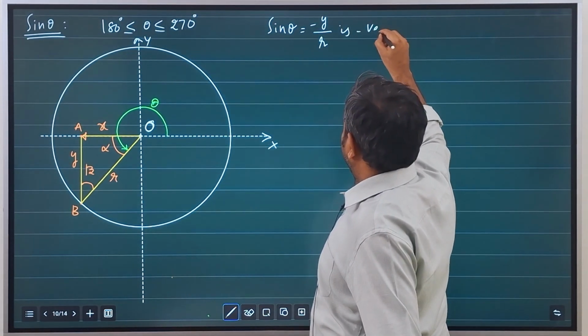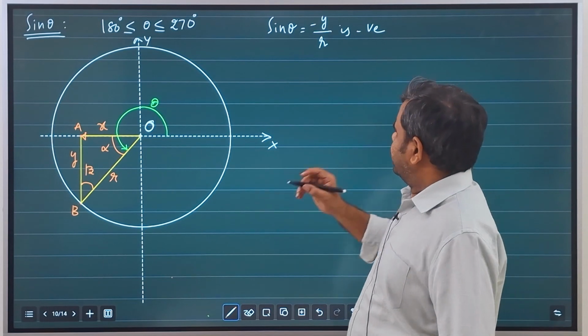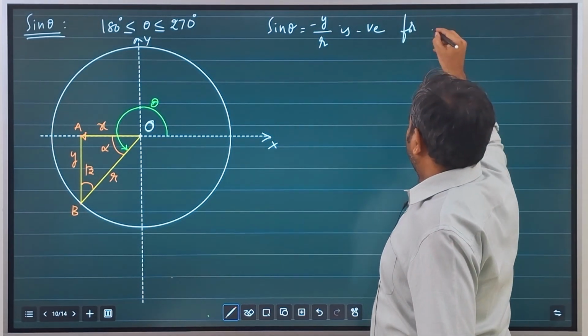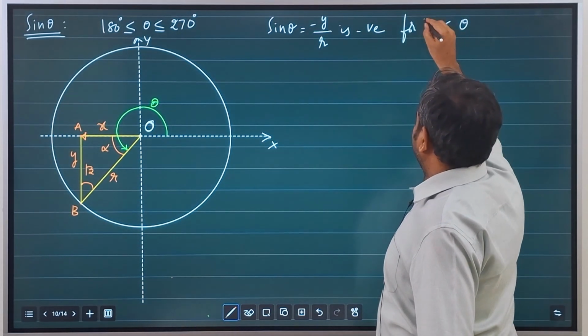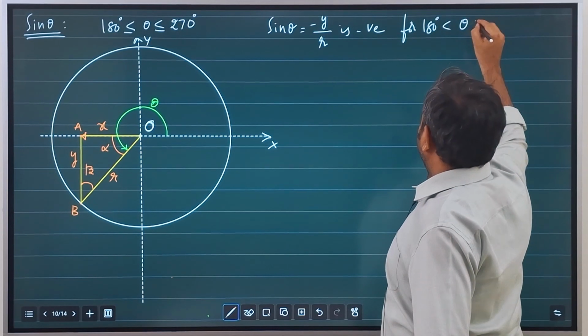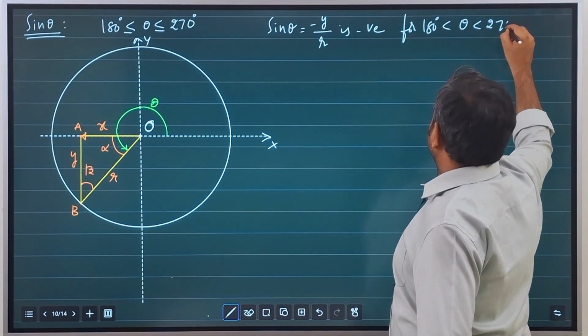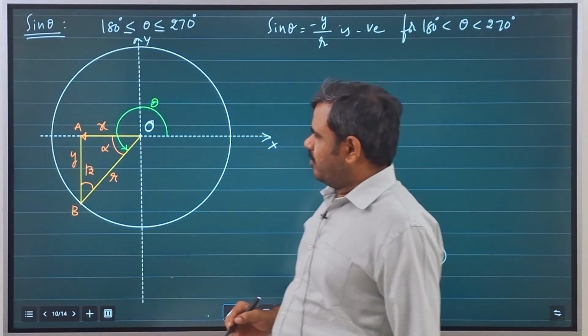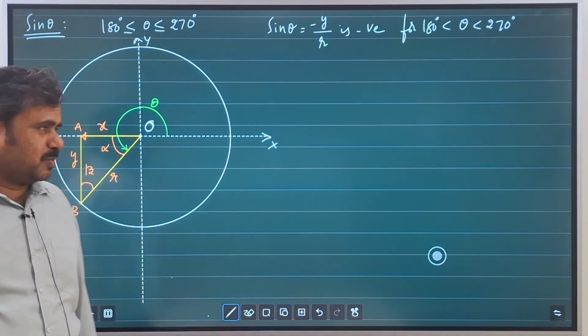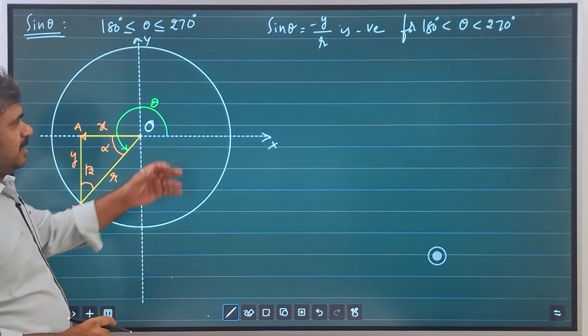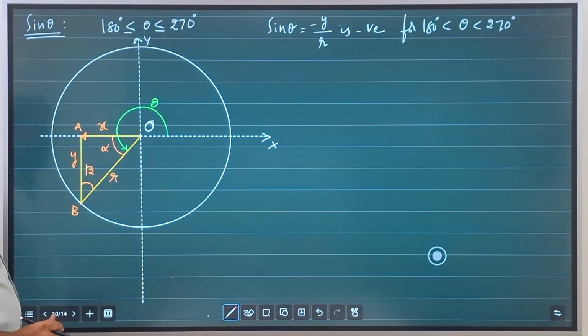This is negative. So this is for theta lying between 180 degrees and 270 degrees. For any angle between 180 degrees and 270 degrees, the sine theta value is negative.